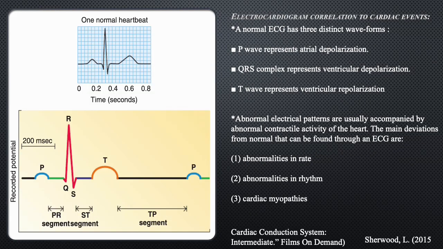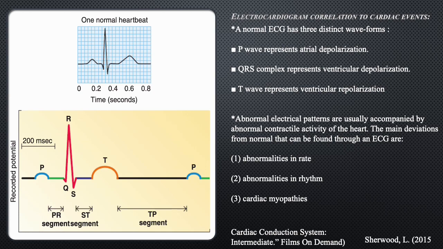In this slide, I'm going to talk about the ECG or EKG correlation to the cardiac events. The electrical current generated by cardiac muscles during depolarization and repolarization spreads into the tissues around the heart and is conducted through the body fluid. Part of this electrical activity reaches the body surfaces and is detected using recording electrodes.